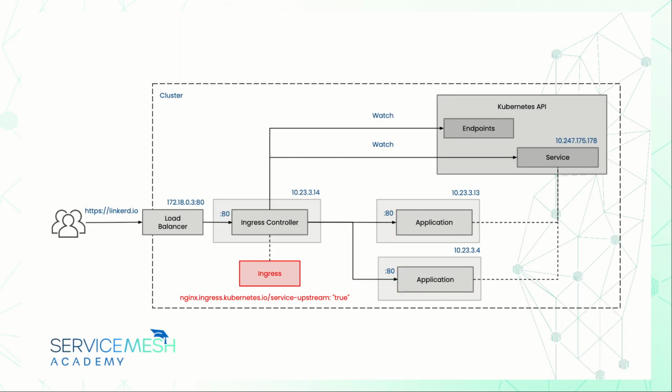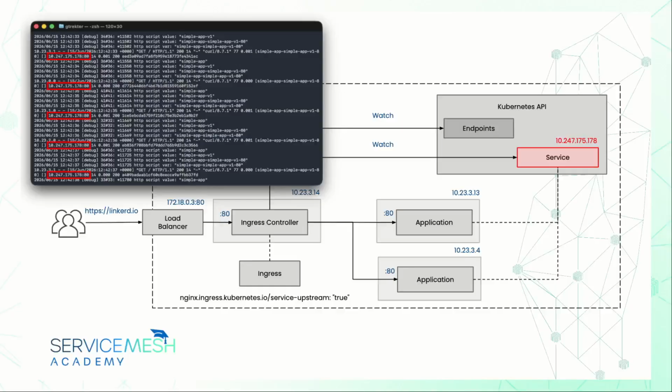So in case of NGINX, there is the nginx.ingress.kubernetes.io/service-upstream: true annotation, which basically tells the Ingress controller, when there is a request coming in, do not resolve against the pod IP, but send the request to the service IP, which is then going to be load balanced against the pod IP by something else, depending on what we have in the Ingress controller.